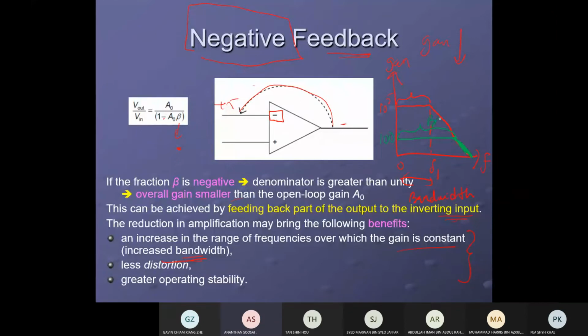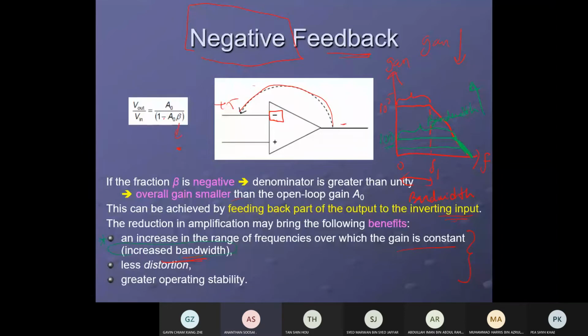The new bandwidth increases. Bandwidth is the range of frequency where the gain is constant, so the lower the gain, the greater the bandwidth. So the first benefit is being able to increase the bandwidth.